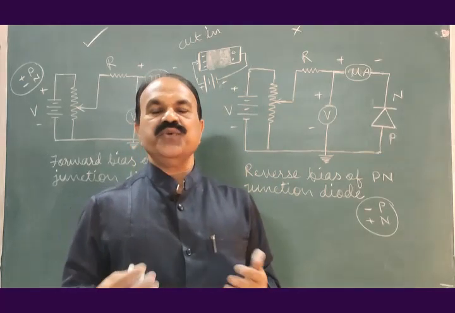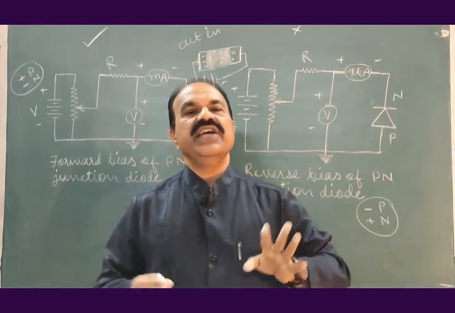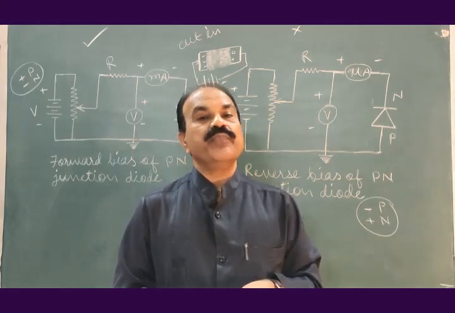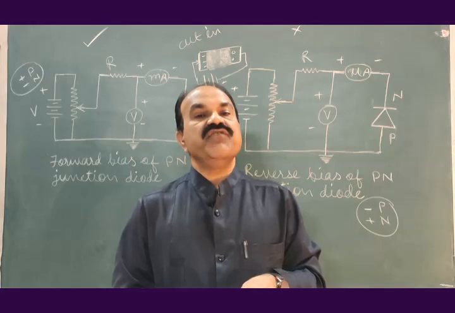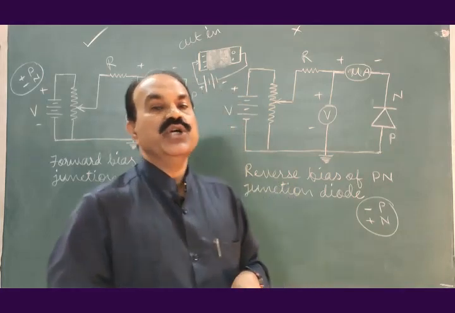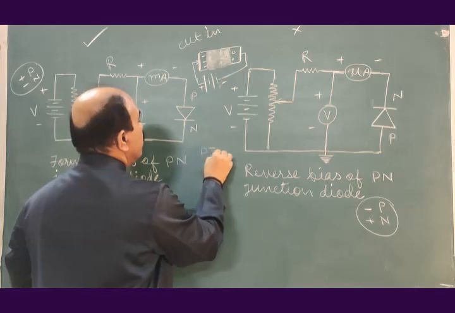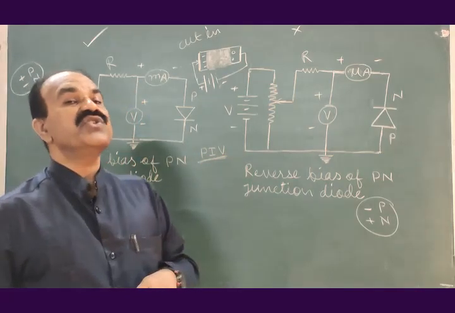It will not be used anymore for conduction in any electronic circuit, and therefore we have to always remember that the reverse voltage given to the PN junction diode should always be smaller than its PIV, peak inverse voltage.